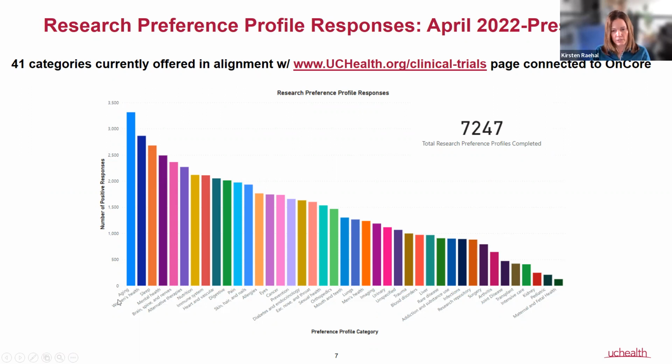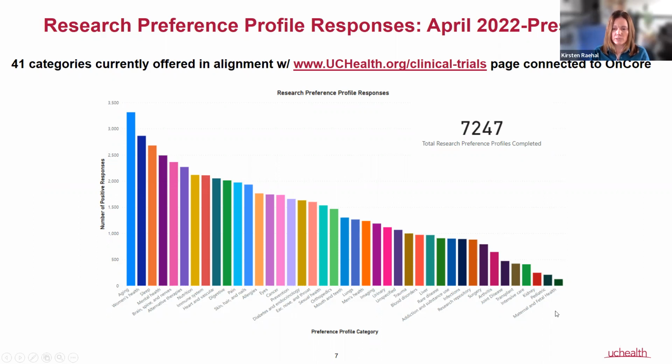So currently there is a huge interest from UCHealth patients in studies relating to aging, women's health, sleep, mental health. And so you can see in this graph the number of individuals that show a particular interest.